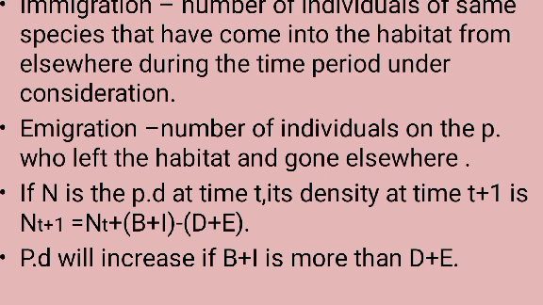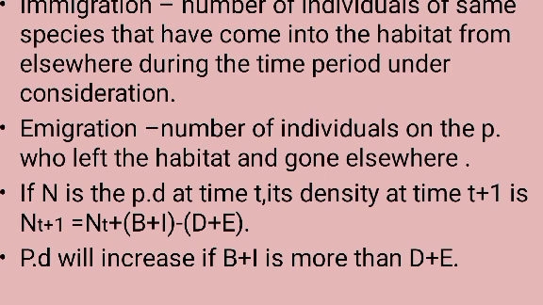Now, when we consider N as the population density at a time t, then the population density at time t plus 1 is calculated by the equation N(t+1) = N(t) + [(B + I) − (D + E)].